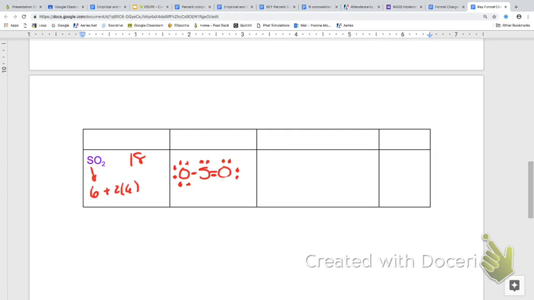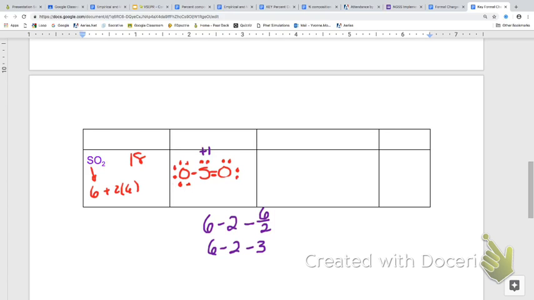Remember, we have the valence electrons minus the unshared minus the shared divided by 2. So we end up with 6 minus 2 minus 6 divided by 2, which is 3. So that's going to give us a +1 charge on this sulfur.